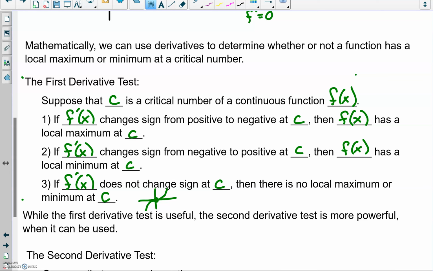Right there at 0, you've got that place where it is a critical value for the derivative, the slope of 0, but the sign doesn't change for f prime on either side of it, so there's no local max or local min there. Okay, the first derivative test is good, but the second derivative test could be more powerful when it is able to be used, and we'll see this pick up in part 2 of this video.